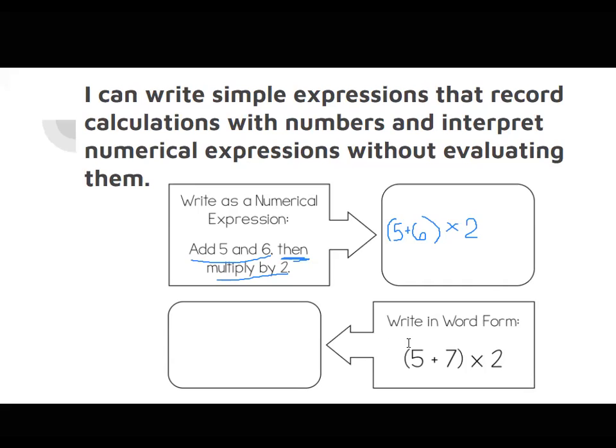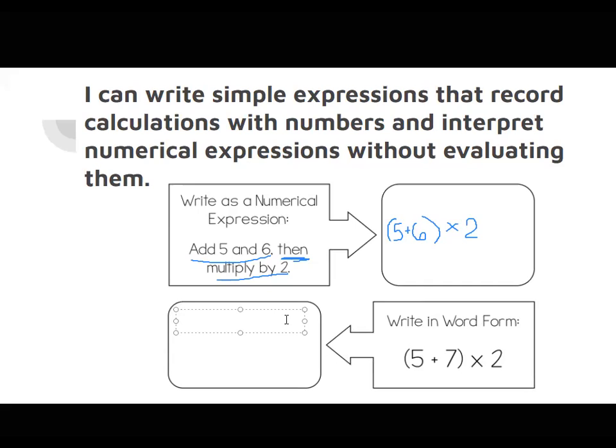Then our next one, they have given it to us in number form, or numerical form, and we are going to write it in word form. So looking at that expression, the first thing that has to happen is what? I see parentheses, so yes, the parentheses are going to have to happen first. What is taking place in the parentheses? Addition.